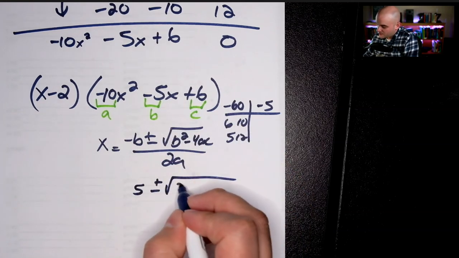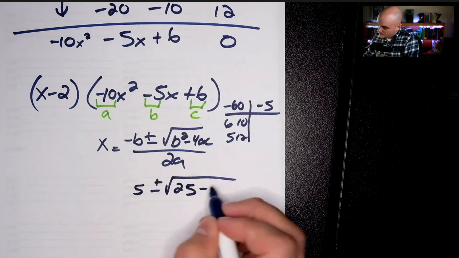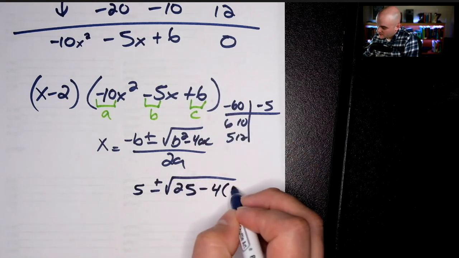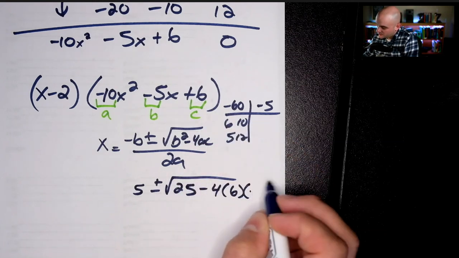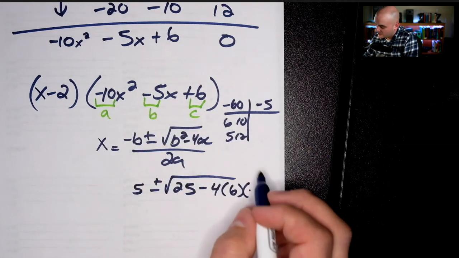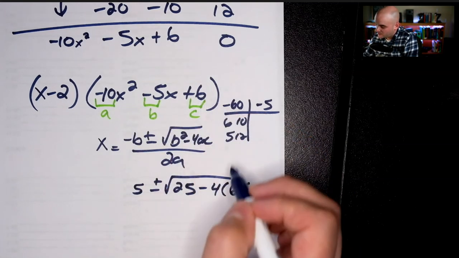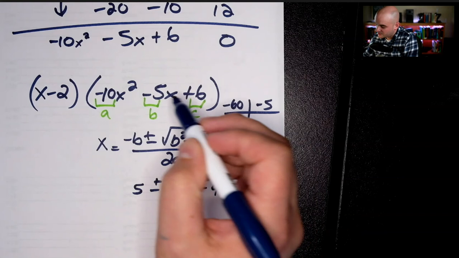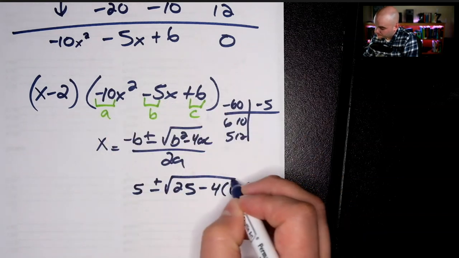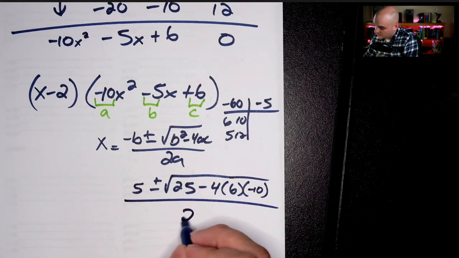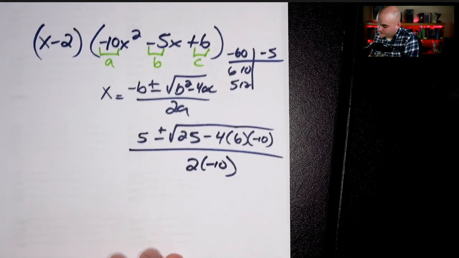Negative 5 squared is 25, and then minus 4 times a, which is 6, times c, which is negative 10, but it doesn't matter. Multiplication is commutative. 4ac, so I'm just putting the c first here, and then negative 10. All of this is over 2 times negative 10.